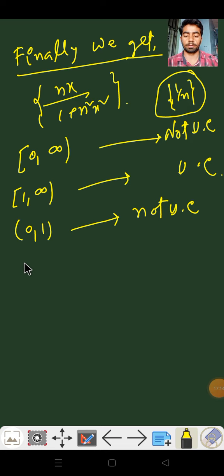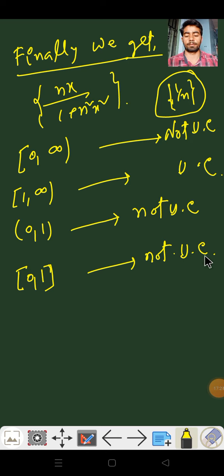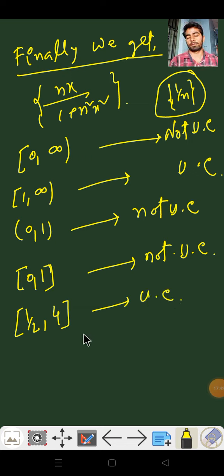And similarly it is not UC on closed interval 0 to 1, and from half to 4 it will be UC, because the sequence 1 by n is not allowed here either.